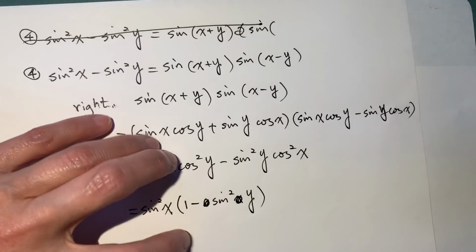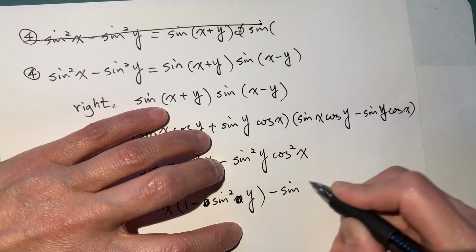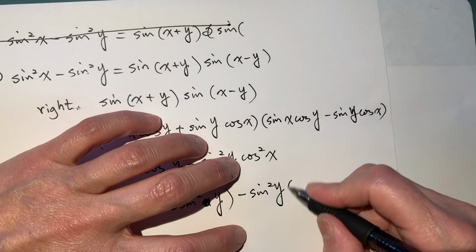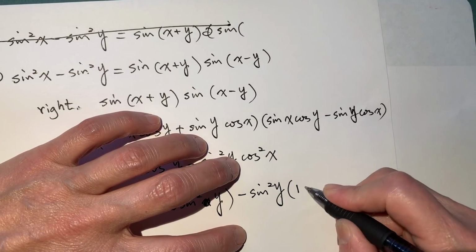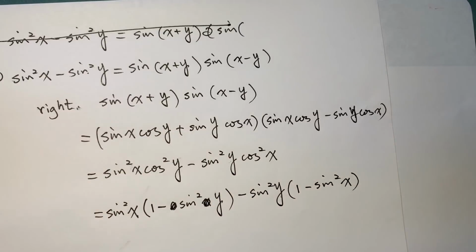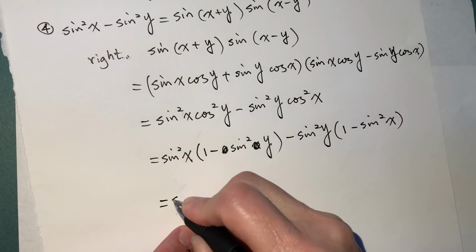Make sense? Okay, so on here, minus sine square y, we copy it. And cosine, we write it 1 minus sine square x. Right? So now we can open it up.